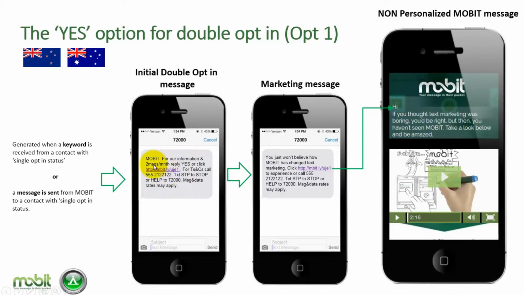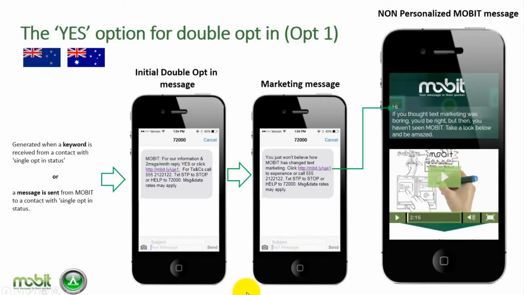You can select whether you use the message per month option here, or whether you have the link option here. In either case, on a yes response or a click, the marketing message here is presented, and when the m.bit.ly link is clicked, the user goes through to your marketing message and communication.